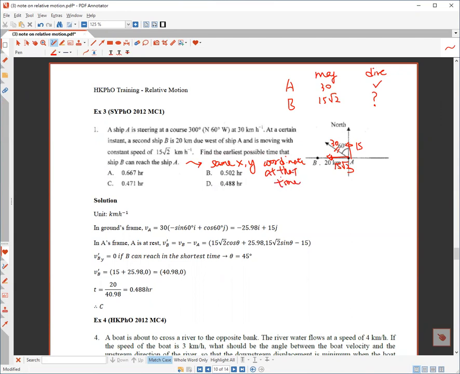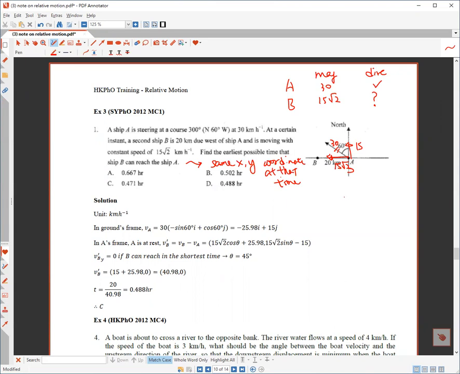Because initially both A and B are along the x-axis, both have y coordinate 0. So when they meet, they both have traveled the same vertical displacement. I hope you understand what I mean.